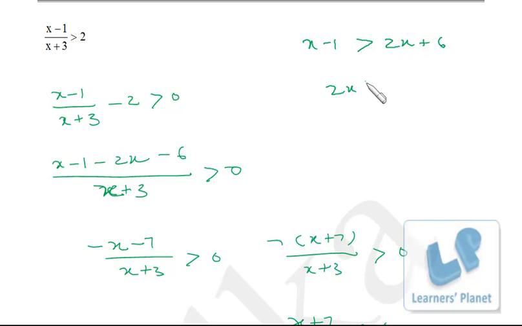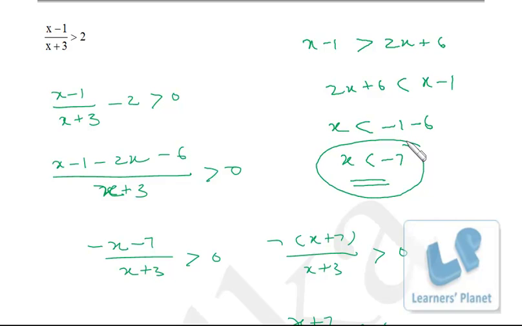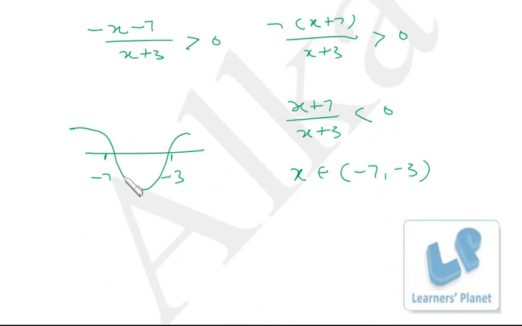So 2x plus 6 is less than x minus 1, right? So x is less than minus 1 minus 6, that means x is less than minus 7. Here you are getting x is less than minus 7 and here you are getting x is between minus 7 and minus 3. That means x is greater than minus 7 and less than minus 3, right?